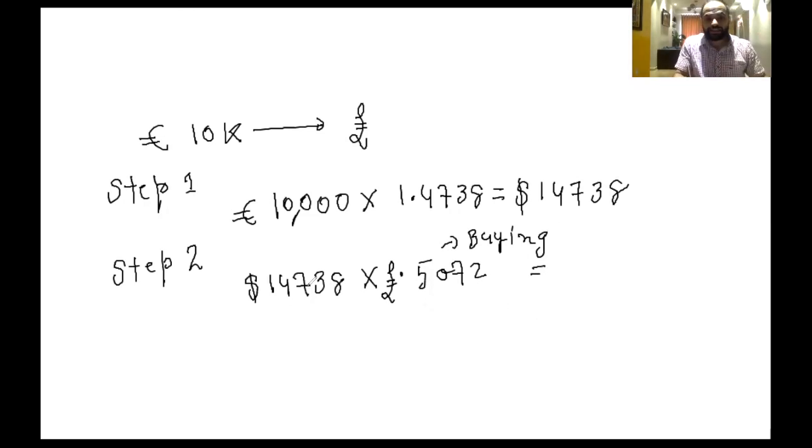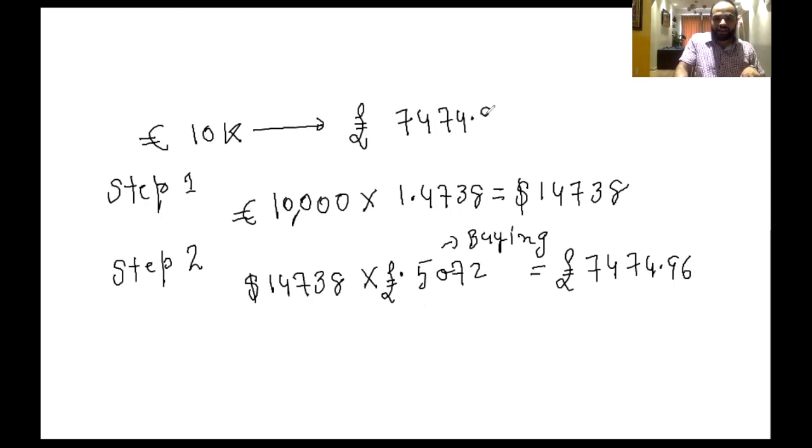So 14,735 multiplied by 0.5072, your position in pounds is 7474.96. Right? So 10,000 euro equals 7474.96. Now we can find the cross rate, or the exchange rate between euro and pounds.